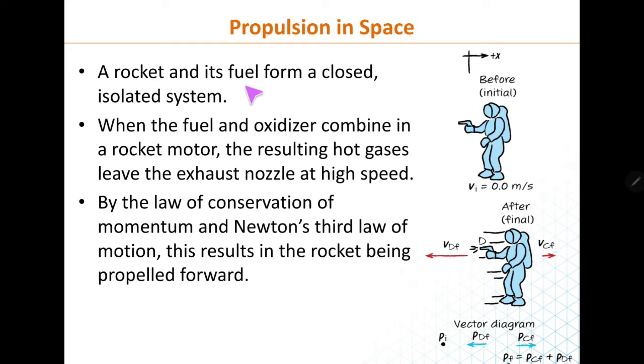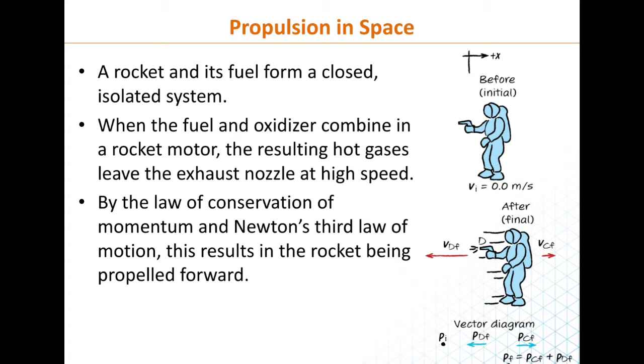A rocket and its fuel form a closed, isolated system. When the fuel and oxidizer combine in a rocket motor, the resulting hot gases leave the exhaust nozzle at high speed. We know that a rocket has fuel. When the fuel combines with the oxidizer in the motor, that results in hot gases.